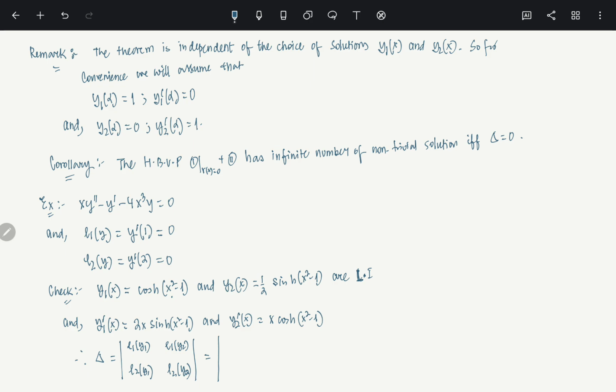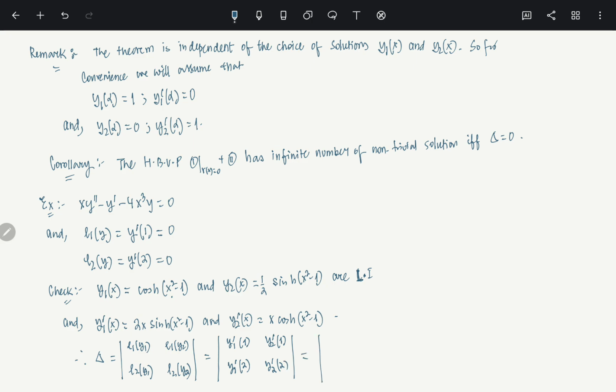It is basically y1 prime at the point 1. What is L1 of y2? It is y2 prime at the point 1. Again, L2 of y1 is y1 prime at the point 2, and L2 of y2 is, once again, y2 prime at the point 2.